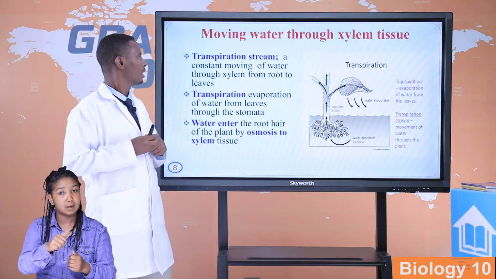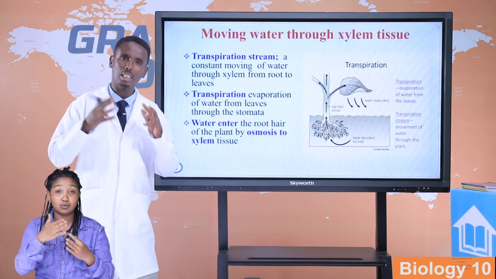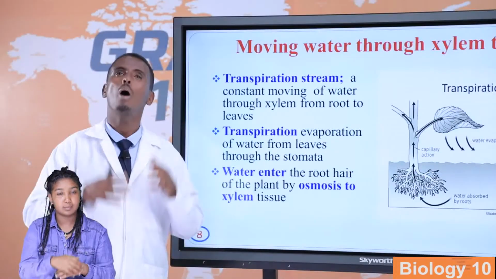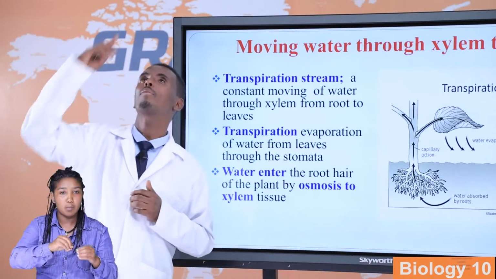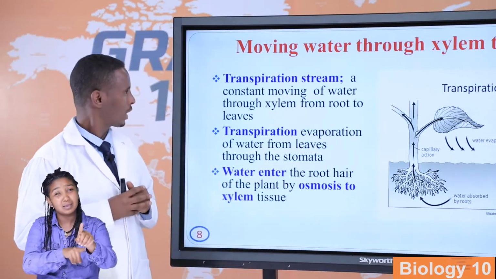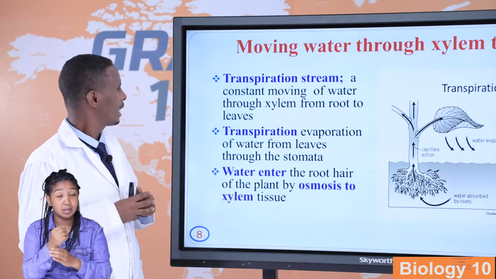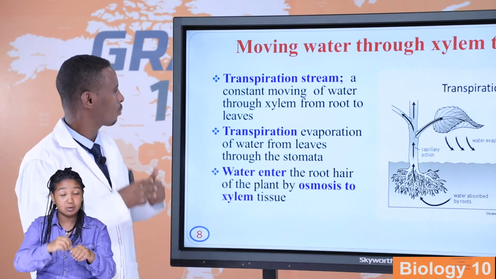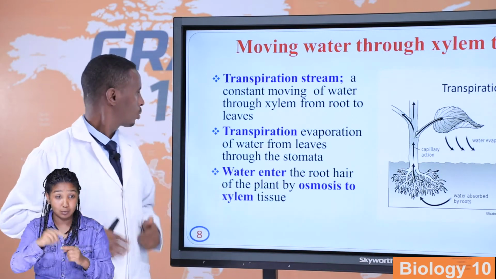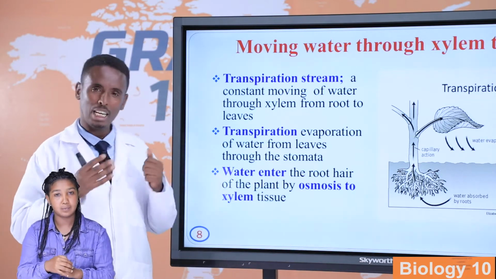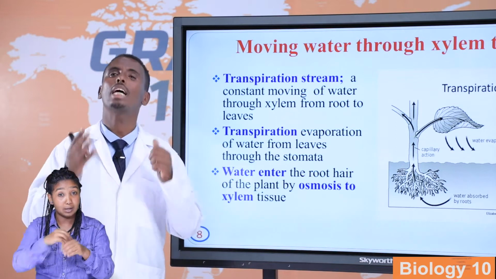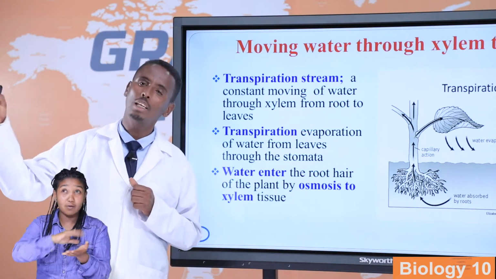And the other, moving water through xylem tissue. The other important question: how does water move from the root 20 meters, 30 meters? Because of the transpiration stream. The transpiration stream is the constant movement of water through the xylem from the root to the leaf, whereas transpiration is the constant evaporation of water from the leaf.